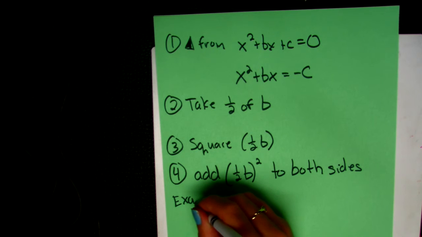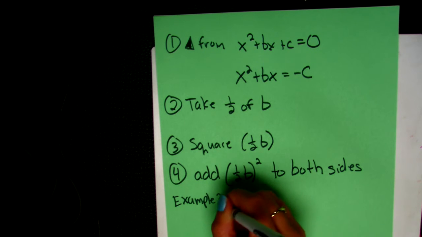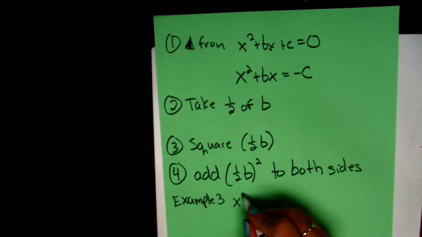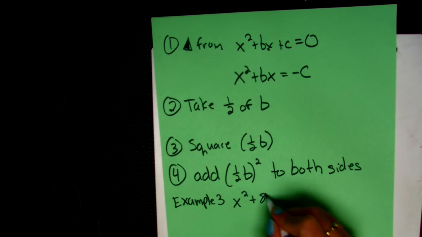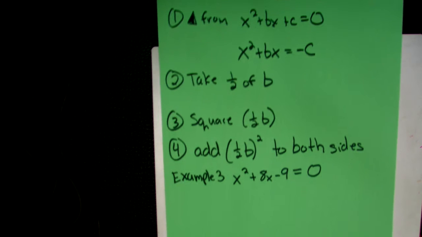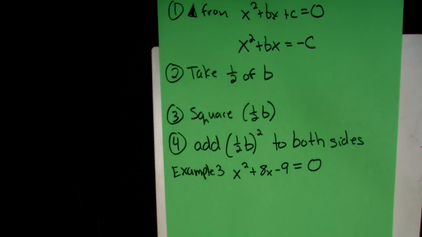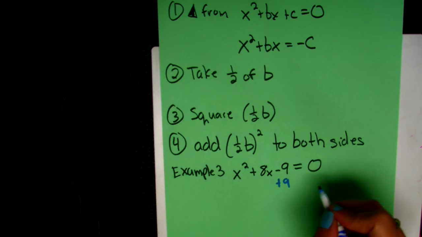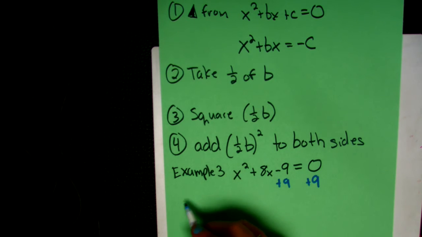Let's go ahead and look at example 3, where we have x squared plus 8x minus 9 equals 0. So step 1, we want to take our c term and move it to the other side. So we're going to add 9 to both sides.